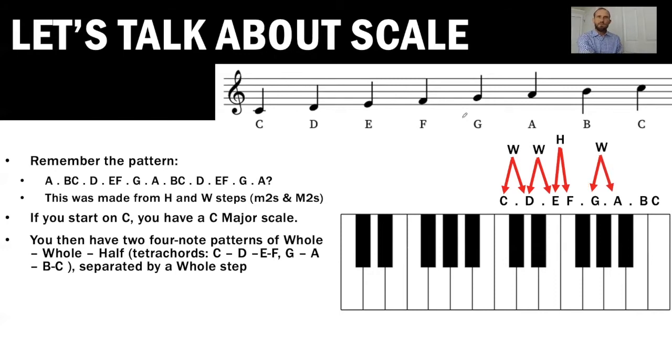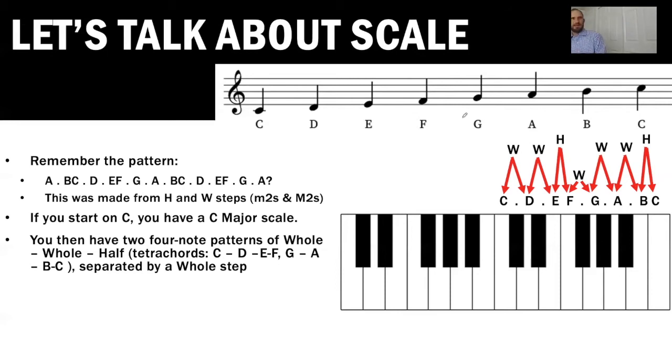You can see that there's another tetrachord, whole, whole, half, from G to C. And then those two tetrachords are separated by a whole step. You following me? So in all, you could think whole, whole, half, whole, whole, whole, half. Or I like to break it down where you've got whole, whole, half, whole step, then another whole, whole, half.